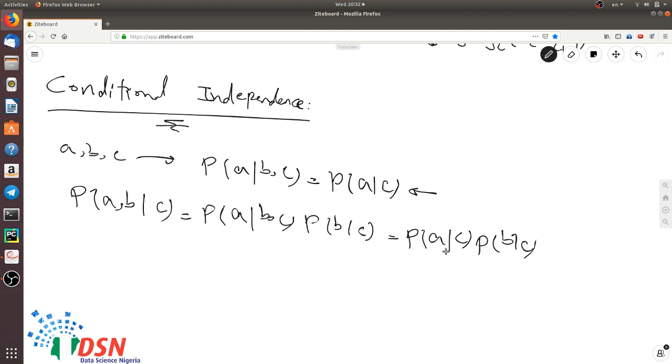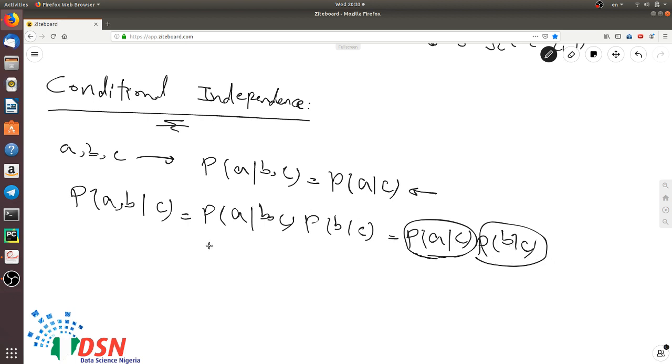So the joint distribution of a and b given c can be factorized into two conditional distributions, p of a given c and b given c.